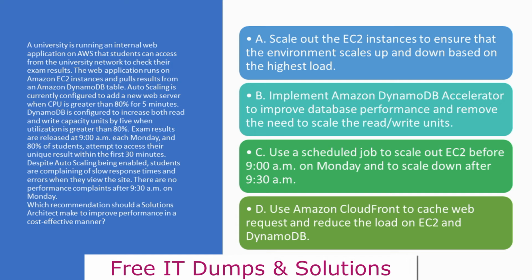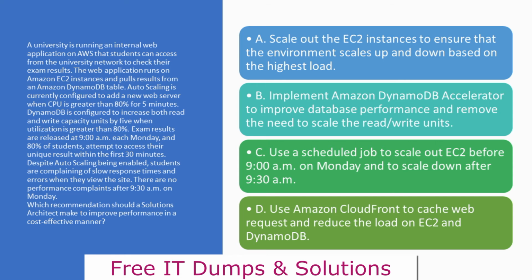Exam results are released at 9 a.m. each Monday, and 80% of students attempt to access their unique result within the first 30 minutes. Despite auto-scaling being enabled, students are complaining of slow response times and errors when they view the site. There are no performance complaints after 9:30 a.m. on Monday. Which recommendation should a solutions architect make to improve performance in a cost-effective manner?